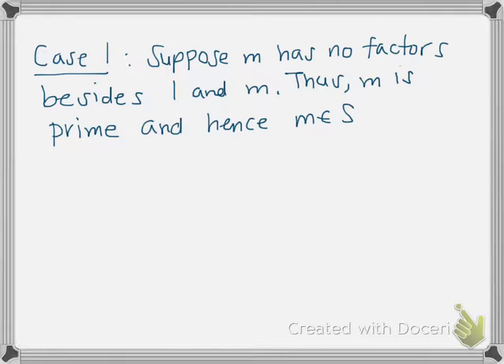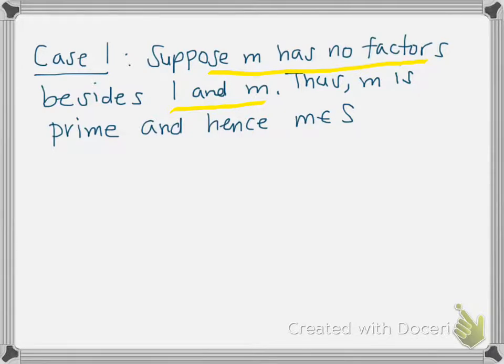Well, we actually have to think about cases, because when we think of numbers, they're either prime or composite, and we're talking about integers. And we can't directly say that. So case 1 is, suppose m has no factors besides 1 and m. Well, that's what it means to be a prime number.